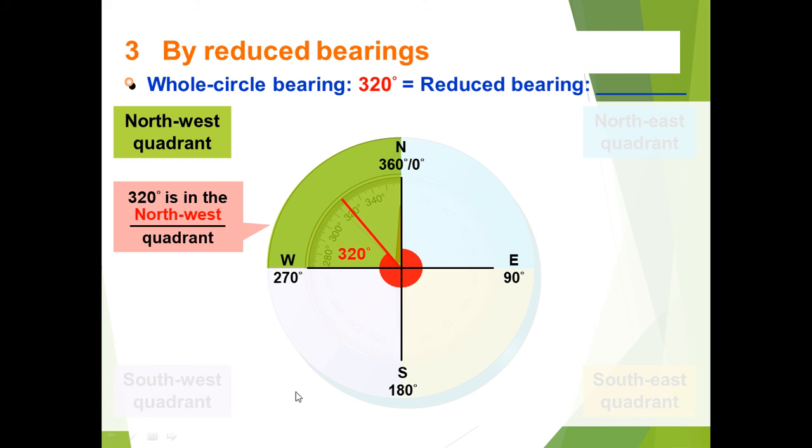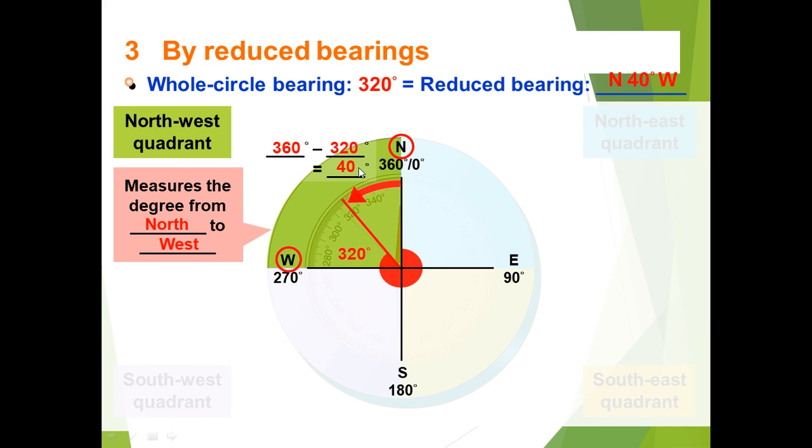And at last, the last quadrant, the northwest quadrant. This time we got the whole circle bearing of 320 degrees. And for this part, of course, it is the northwest quadrant. So you can write down N at the front and W at the back. But this time we have to minus 270. Let me see.